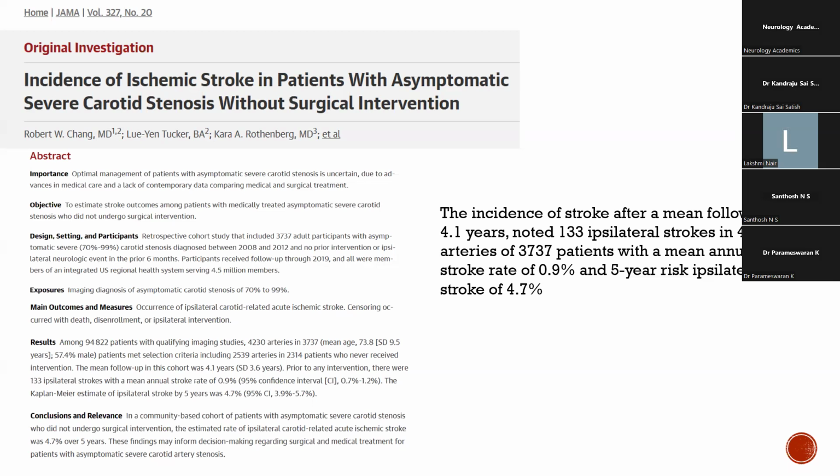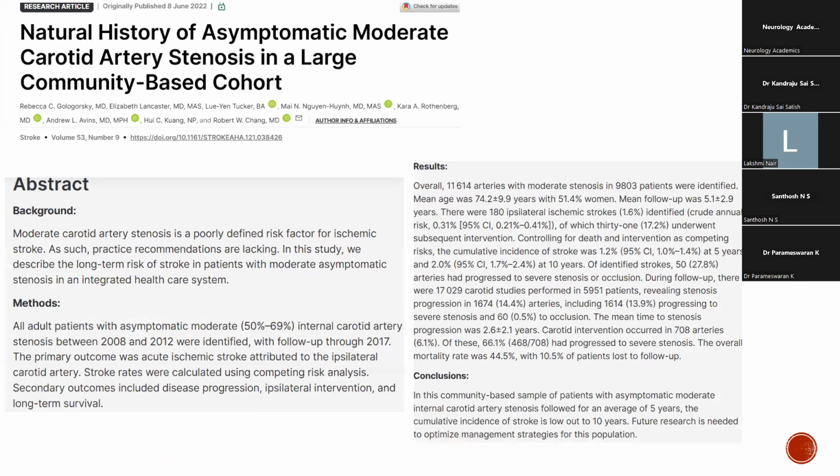So the incidence of stroke after a mean follow-up of 4.1 years noted 133 ipsilateral strokes in 4,230 arteries of the total 3,737 patients, with a mean annual risk of 0.9% and a 5-year risk of ipsilateral stroke of 4.7%.